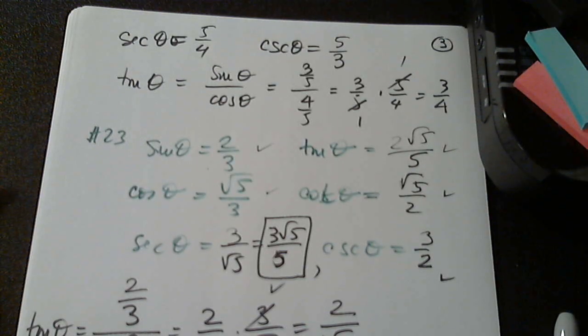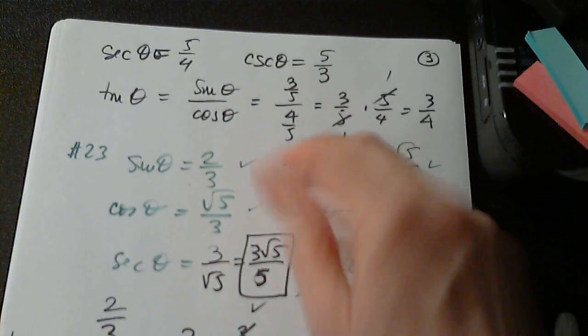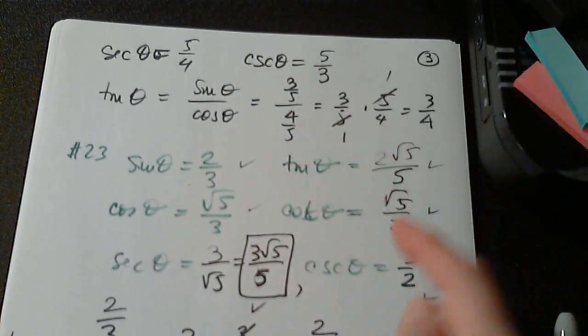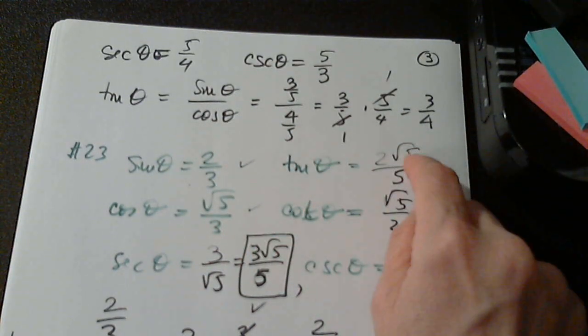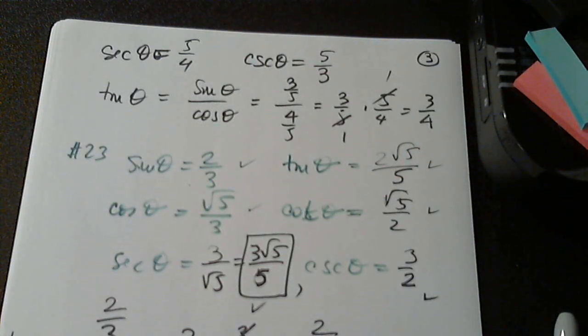Would you like to choose a problem from here? Did we get the idea? I think this is another important set of problems. Can you explain how you got cotangent again, please? Yes, I flipped tangent. But I didn't want to flip this one because it was rationalized. I preferred flipping this one.